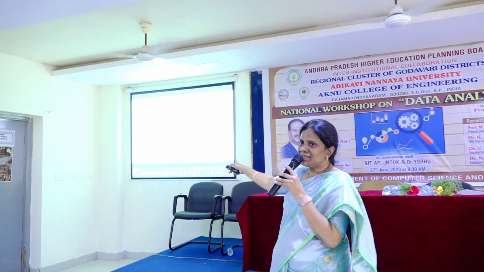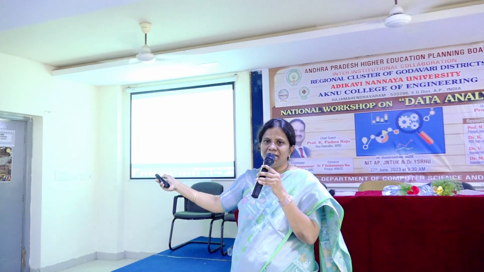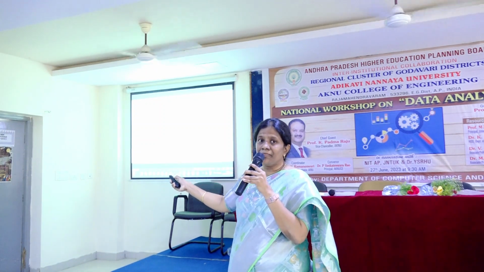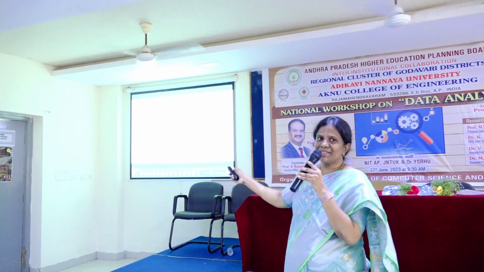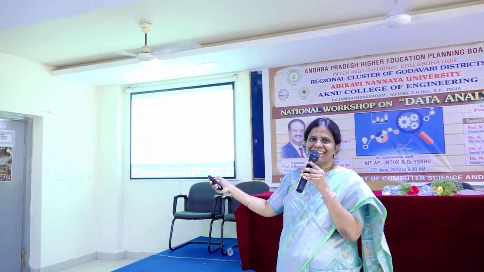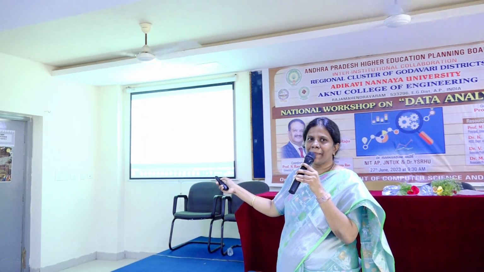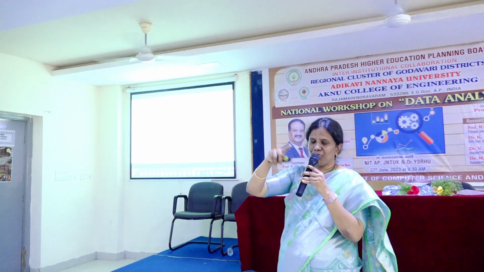Then what are outliers here? How can you find outliers from the histogram? Is there any way? Hypothesis. What hypothesis you are going to make? How can we find outliers from this histogram? Okay, both things.